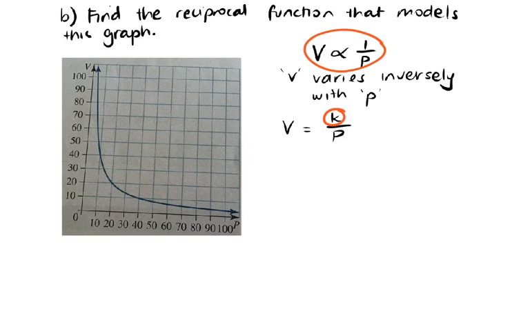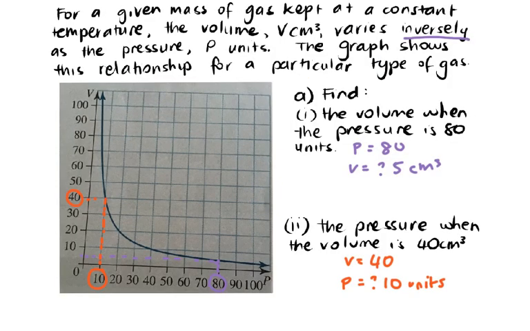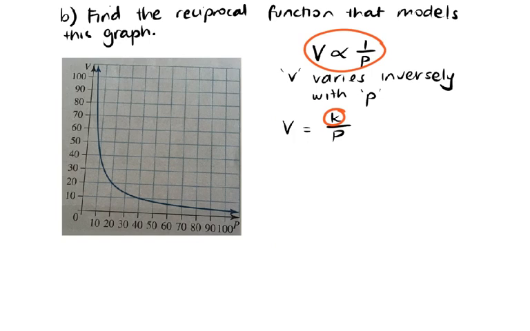And to be able to do that, what we're going to do is choose a point that we have already found on our graph. And that point is going to be this one here, where V equals 40 and P equals 10. Now that's a very accurate point because it actually sits on the line both ways. So we're going to use that to be able to find this constant value.